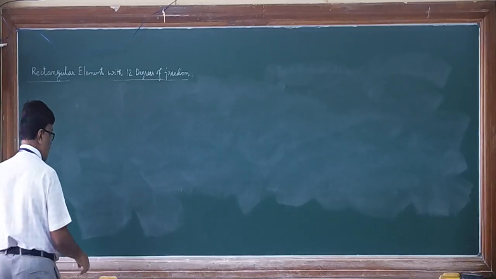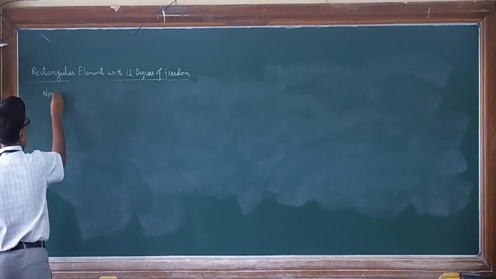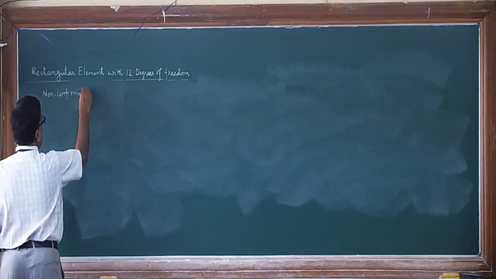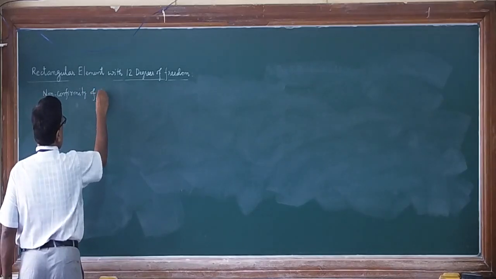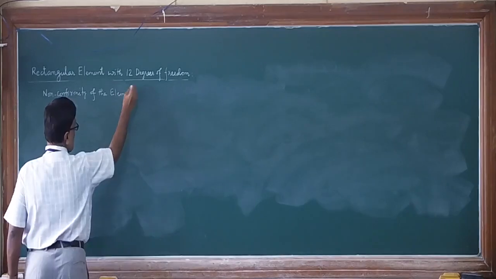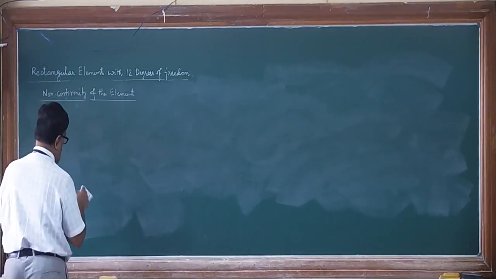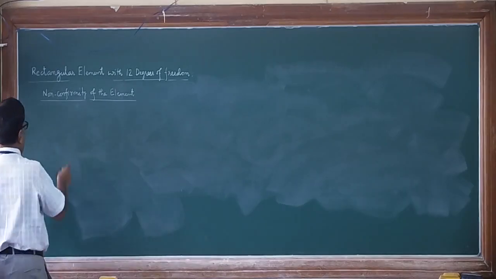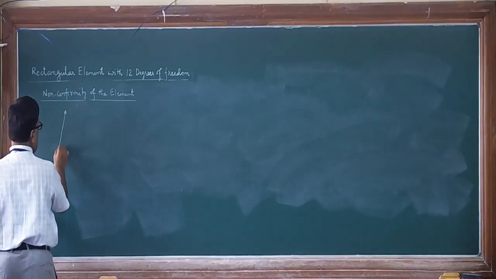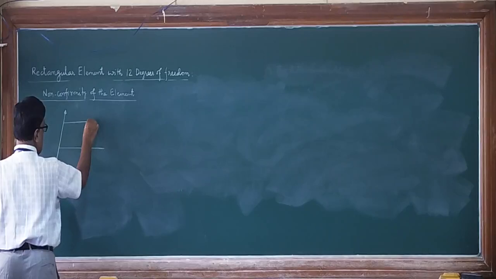It's called non-conformity of the elements. Let me make a small sketch here. Here I will be considering 2 adjacent elements which are having a common edge.